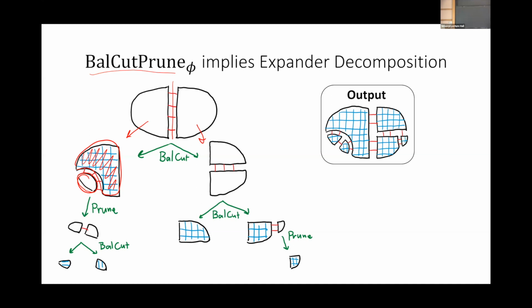So the number of edges crossing this must be a 1 over log squared fraction. So this cut itself might not be sparse actually. Yeah. But you can charge this cut to the big side, because this big side now is going to be done. I see. Yeah.